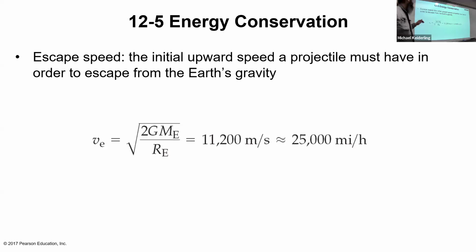So the escape velocity ends up being the square root of 2G times the mass of the big object over the radius you are from it. The escape velocity for Earth is the square root of 2G mass of the Earth over radius of the Earth, which is 11,200 meters per second, or about 25,000 miles per hour.